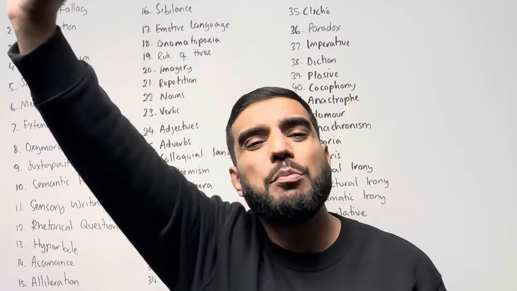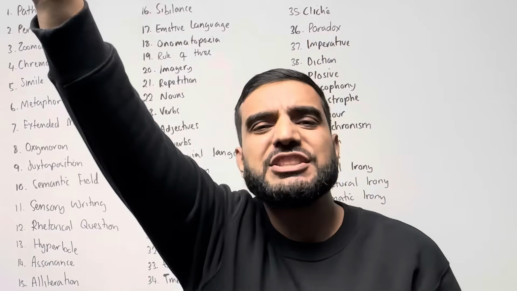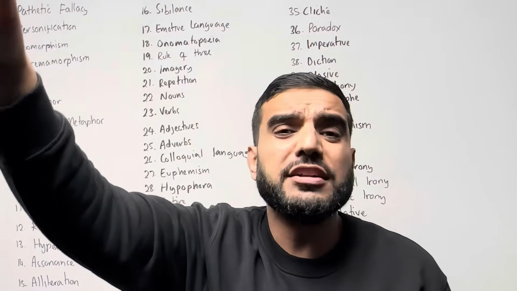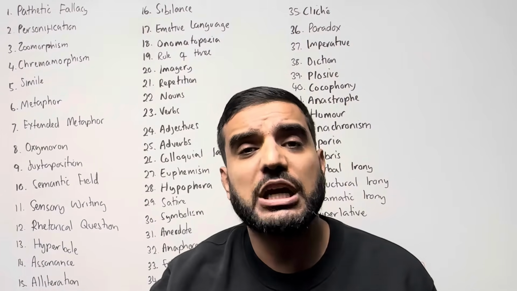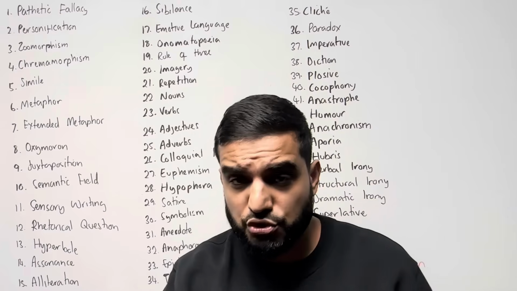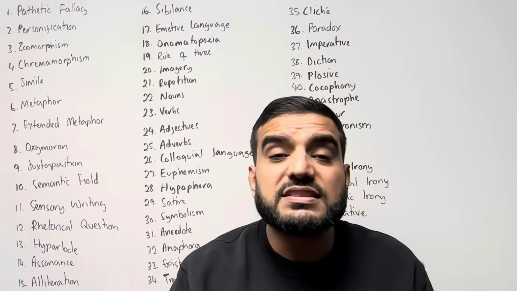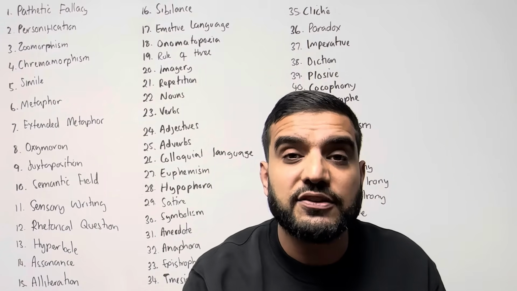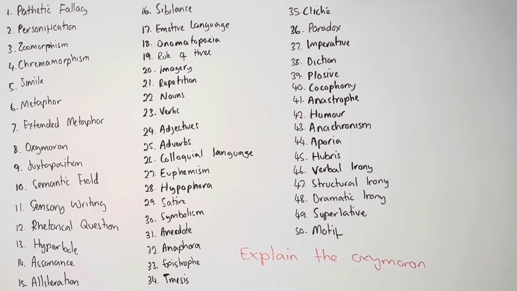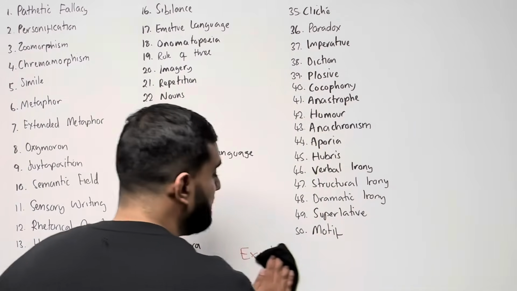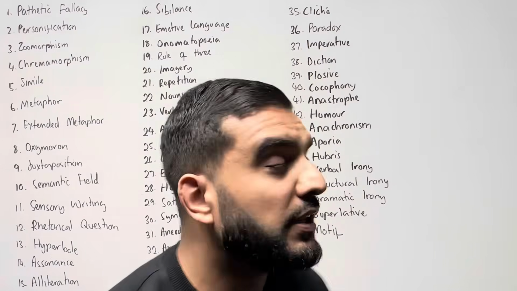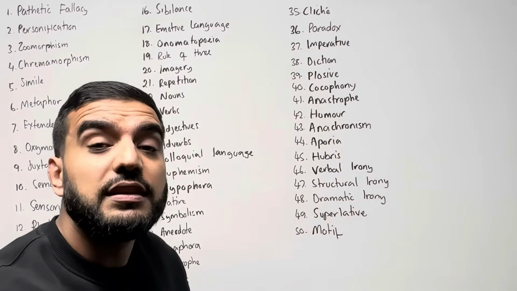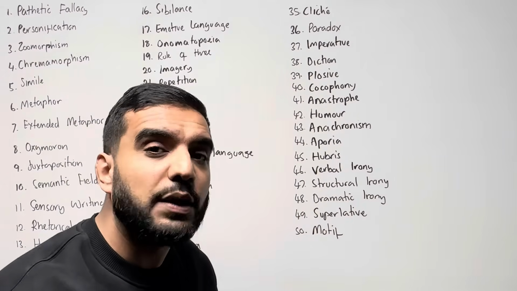But no matter how much he stretched, no matter how much he tiptoed, no matter how hard he tried, this small giant just couldn't reach the jam jar. I've gone from 2 opposite words to juxtaposition, 2 opposite ideas. And what did I do, guys? I simply explained the oxymoron. Nice and easy. Let's not overcomplicate devices just because we want to sound clever. Let's be easy and useful in our exams.